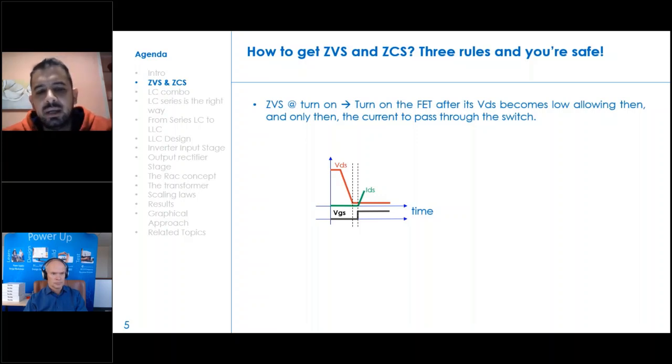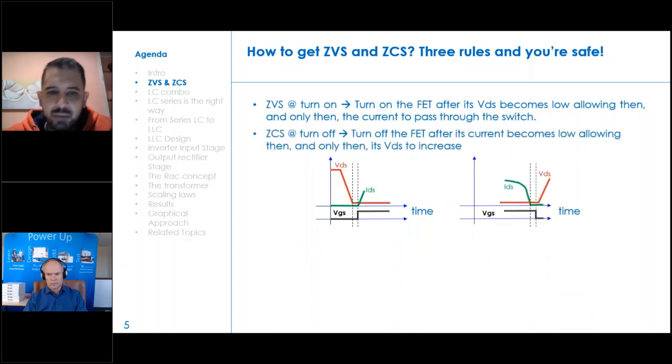So actually, zero voltage switching at turn-on means turn on the FET after its drain to source voltage becomes low, allowing then and only then the current to pass through the switch. On the other side, zero current switching at the turn-off means turn off the FET after its current becomes low, allowing then and only then its VDS, the drain to source voltage, to increase.